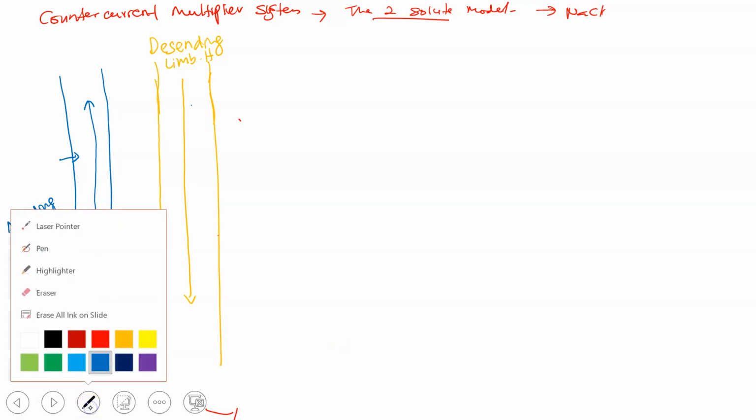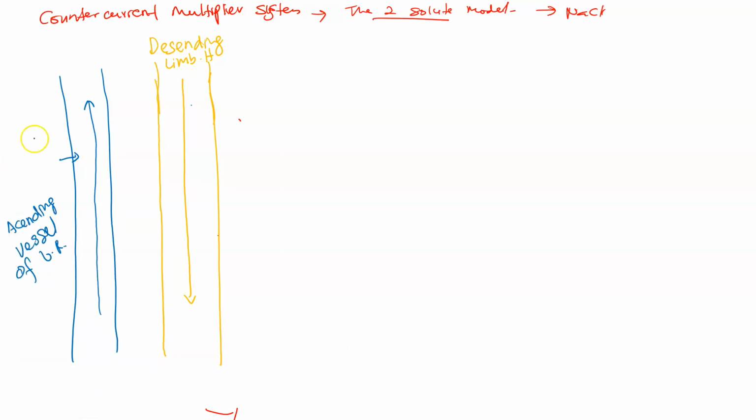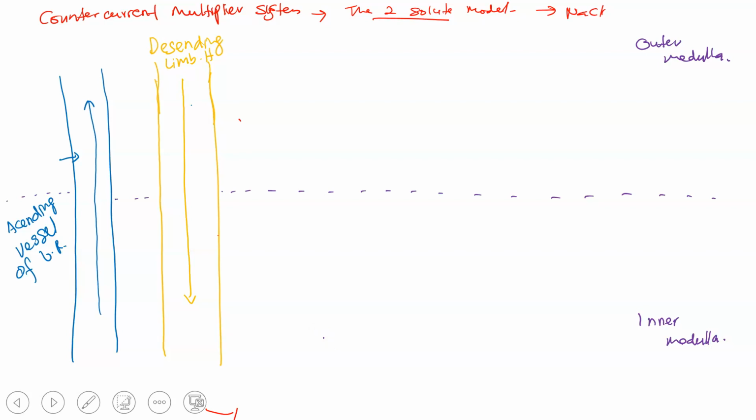region yang terlibat, kita ada beberapa region, tapi kita nak concentrate kepada 2 region sahaja kat sini. Okay, kita ada yang atas is the region outer medulla. Okay, bahagian bawah is the region inner medulla. Okay, so sebelah descending limb kita ada apa?